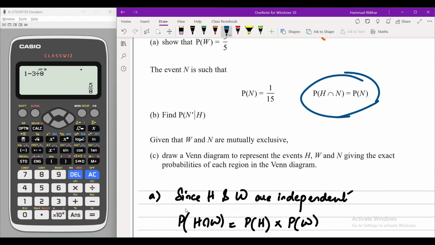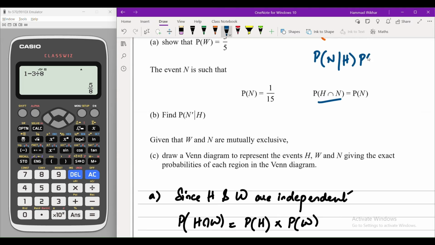If we write an alternate form using conditional probability, we could have written probability of N given H times probability of H, which will be the probability of H intersection N.